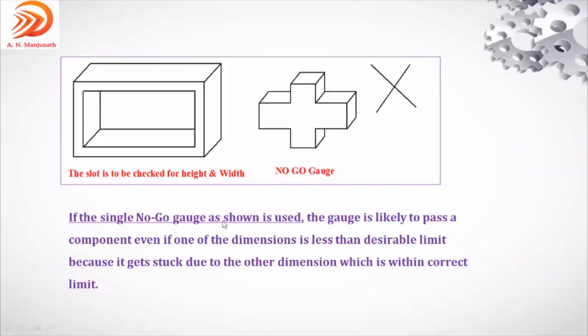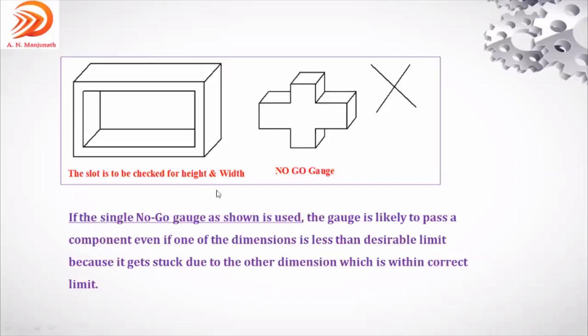If the single no go gauge as shown is used, the gauge is likely to pass a component even if one of the dimensions is less than the desirable limit, because it gets stuck due to the other dimension which is within the correct limit. This is the wrong one.